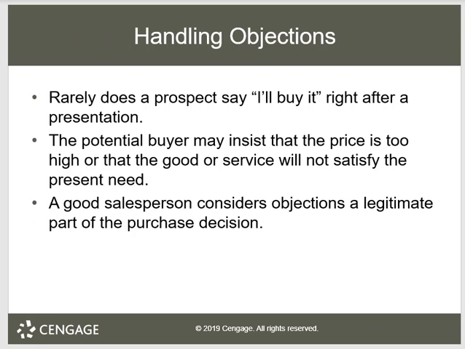Rarely does a proposal say, I'll buy it right after the presentation. That's very true. Sometimes it can take months of going back and forth in multiple proposals. The potential buyer may insist that the price is too high or that the good or service will not satisfy the present need. A good salesperson considers objections a legitimate part of the purchase decision.